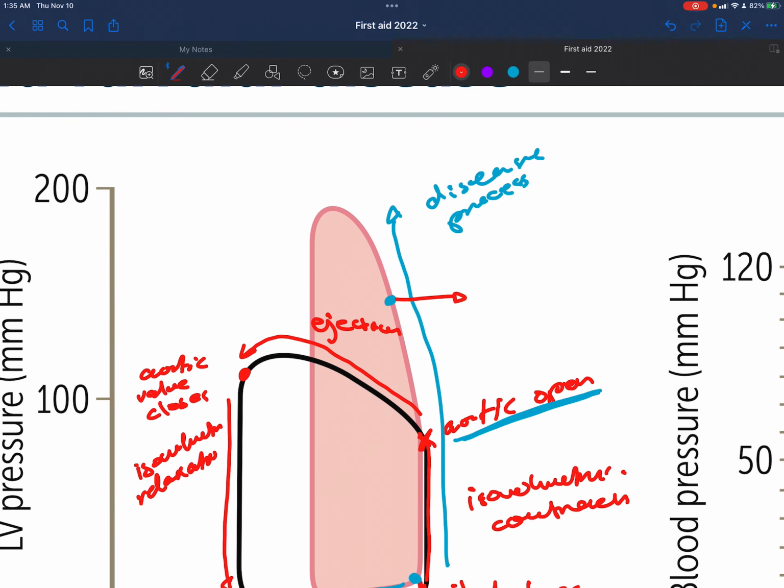After the aortic valve opening, there is the ejection phase. The blue color is the diseased process, so this is the diseased ejection during aortic stenosis. You can notice that the ejection in the aortic stenosis is much shorter than the ejection under normal condition.